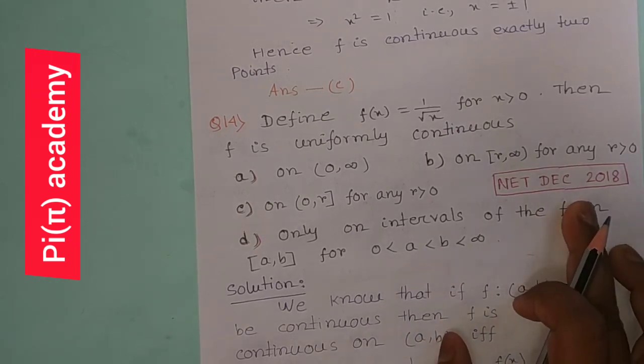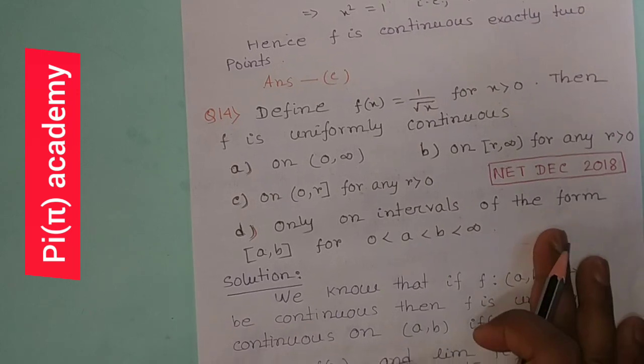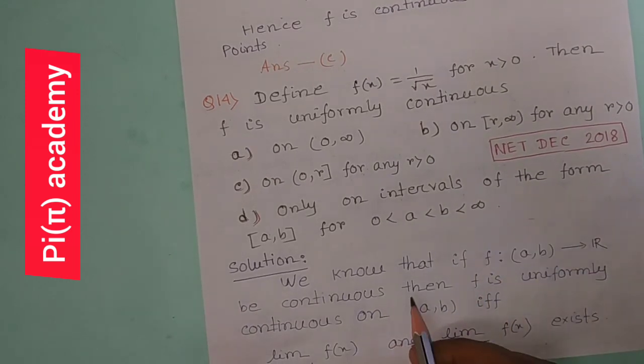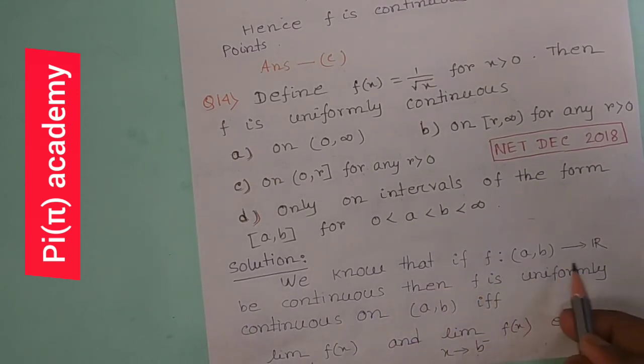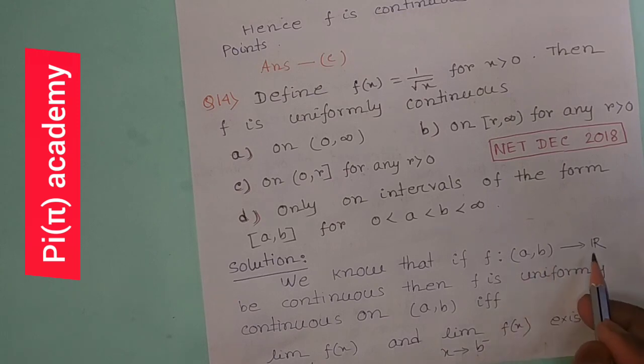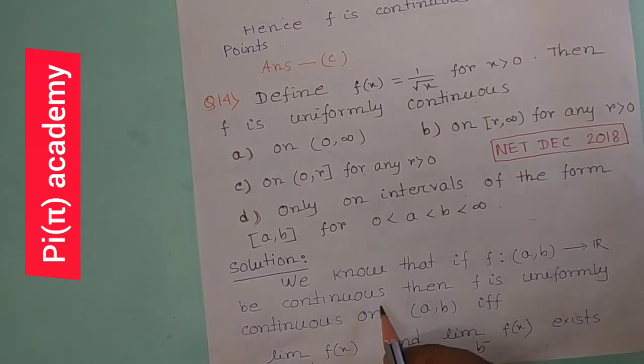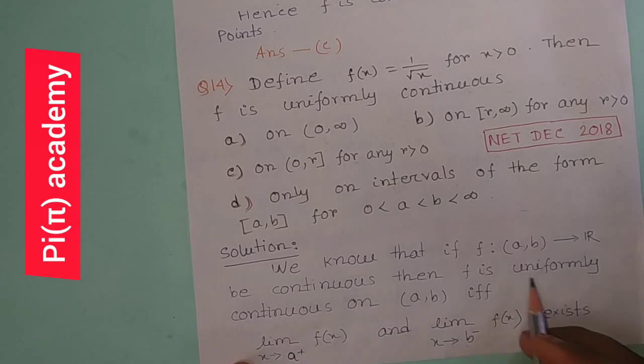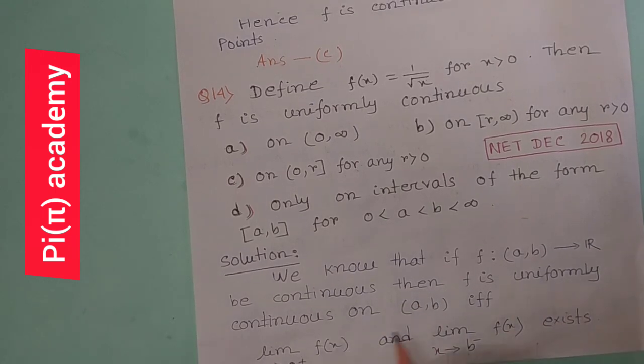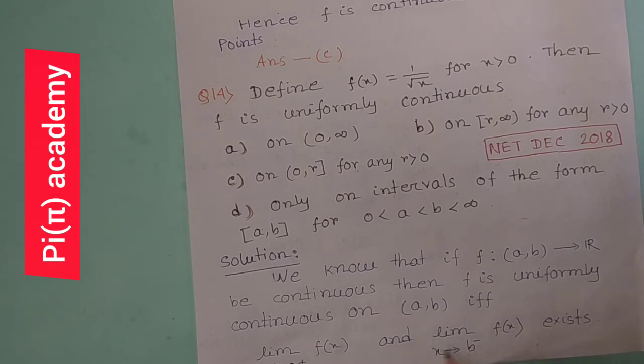NET December 2018. Solution. We know that if f maps the open interval (a, b) to R and is continuous, then f is uniformly continuous on (a, b) if and only if the limit as x tends to a positive of f(x) and the limit as x tends to b negative of f(x) exist.